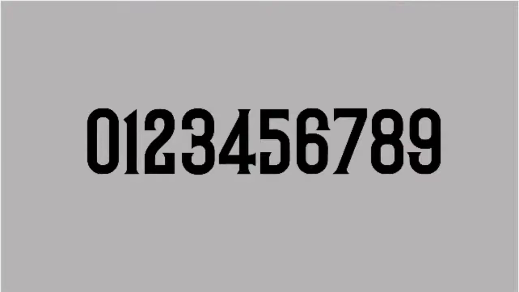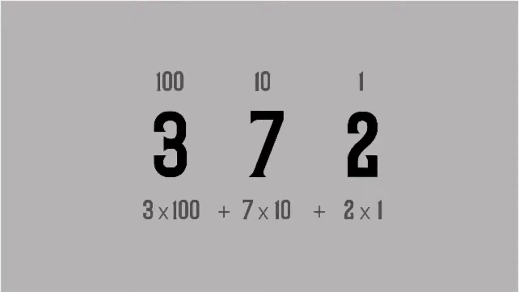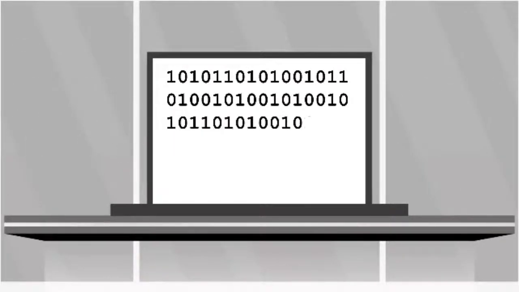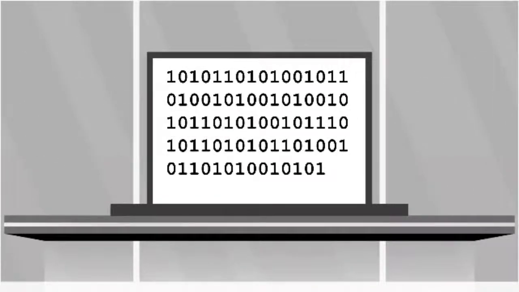We usually write numbers using a system called decimal or base 10, with the digits 0 through 9. When we see the number 372, we know that it means there are 3 hundreds, plus 7 tens, plus 2 ones. Computers store data as numbers, using only the digits 1 and 0 to basically represent whether a switch in a circuit is on or off.